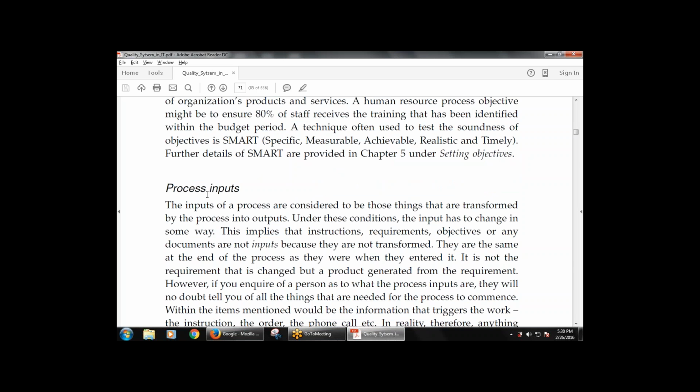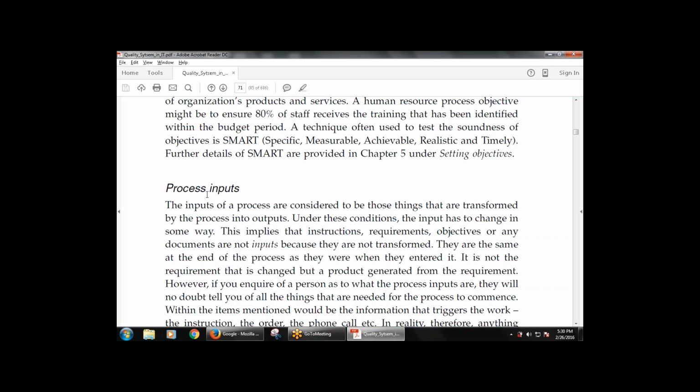Inputs of the process are considered to be those things that are transformed by the process into the output. So what is input? Whatever is converted into the output is known as the input. Under these conditions, the input has to change in some way. This implies that instructions, requirements, objectives, and any other documents are not inputs because they cannot be transformed.